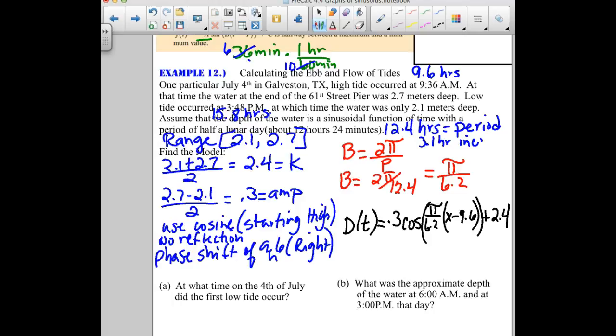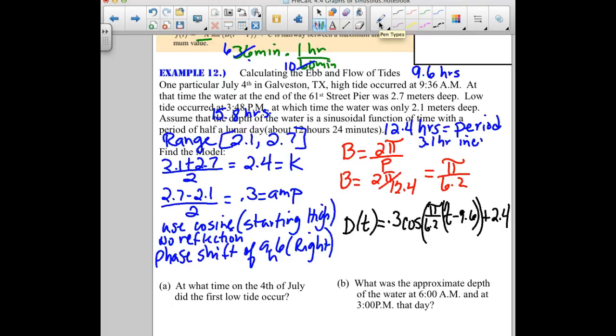Okay? Wasn't that cool? Yes, thank you. X should be t. Good catch, Max. Good catch, T-table, all three of you.